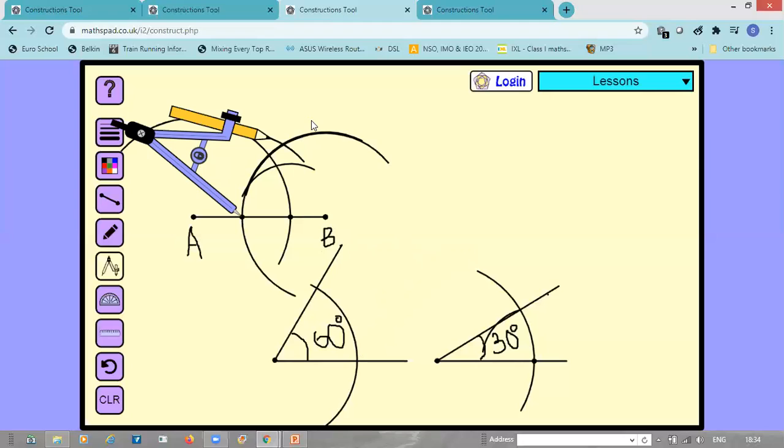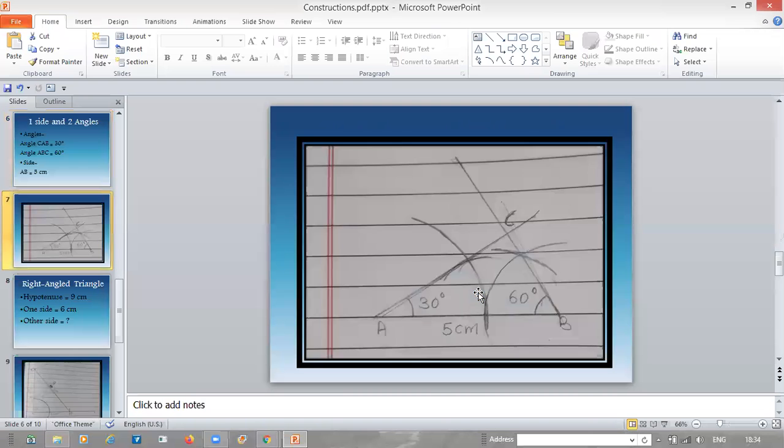And here, how to make the angles, as there are 2 angles. So now this point of intersection, I will just give it a name for you, C, and this point of intersection, D. Now connect point C to point D and point D to point A, and the final product will be this.